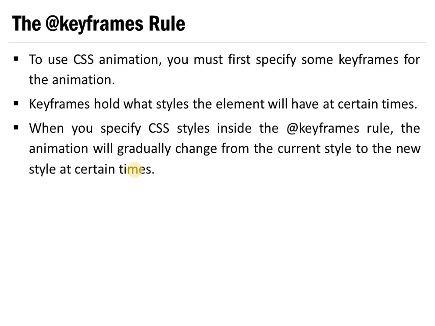When you specify CSS style inside the keyframe rule, the animation will gradually change from the current style to the new style at a certain time. Whatever you have defined in your keyframes will take a linear time to complete.